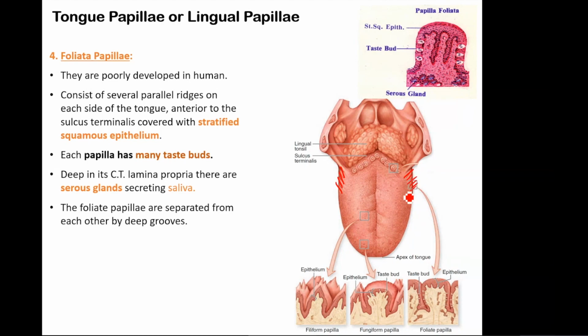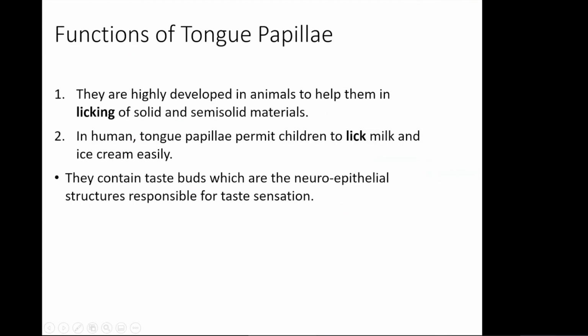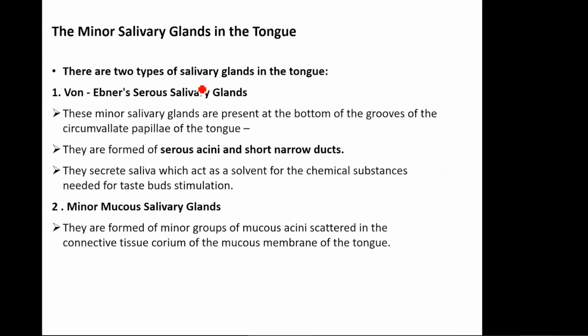They have taste buds, covered by stratified squamous epithelium, of course, and they are located close to the end of the sulcus terminalis. Here's another view, and they have taste buds, known as foliate papillae. This is the fourth type.